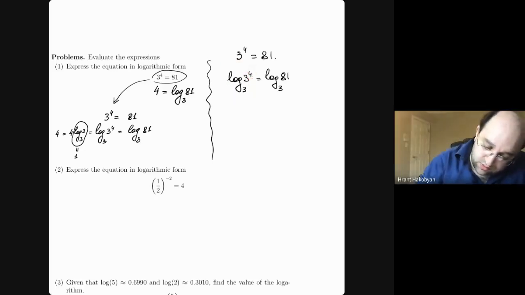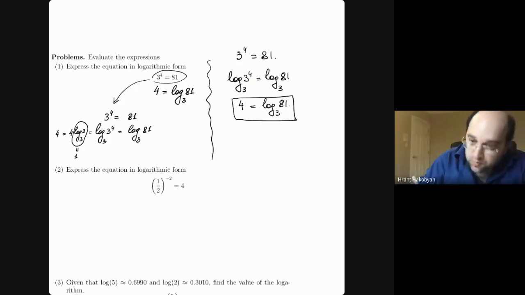Also it's from the law: the 4 comes to the front, so it gives you 4 is equal to log base 3 of 81.